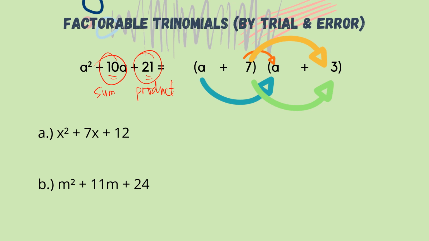So, the two numbers that the product is 21 and the sum is 10, those are 7 and 3. So, 7 times 3, that is 21. 7 plus 3, that is 10. So, now, bakit naging a plus 7 at a plus 3? So, since they are both positive, that means you are multiplying same sign integers.